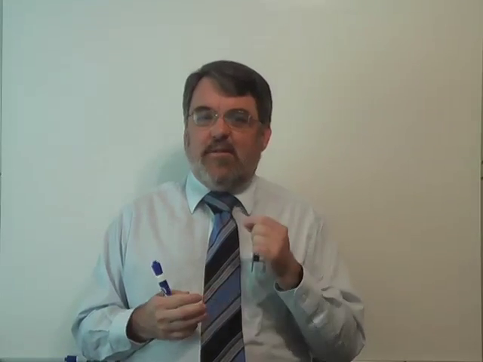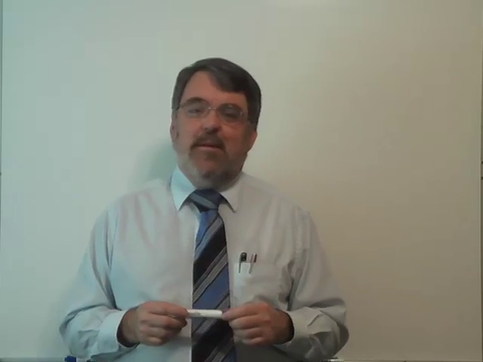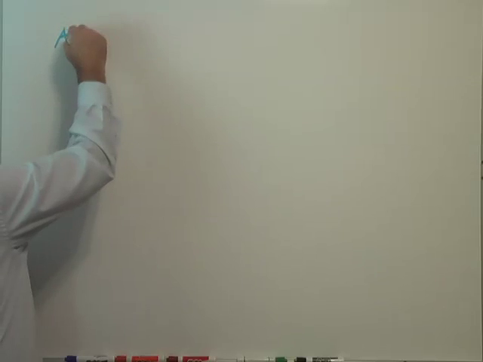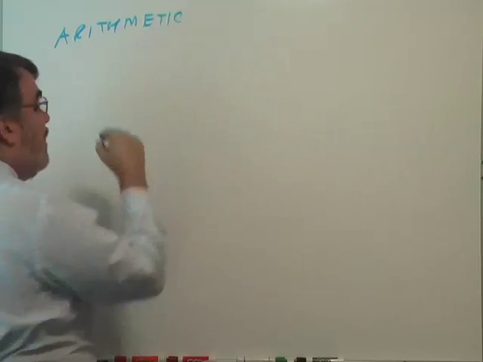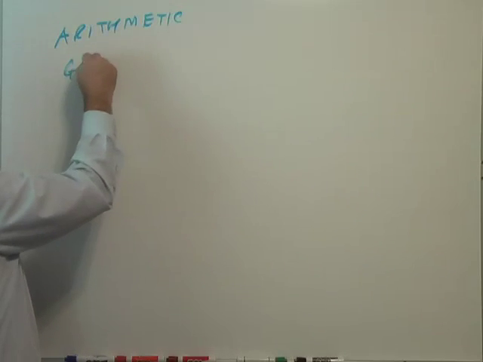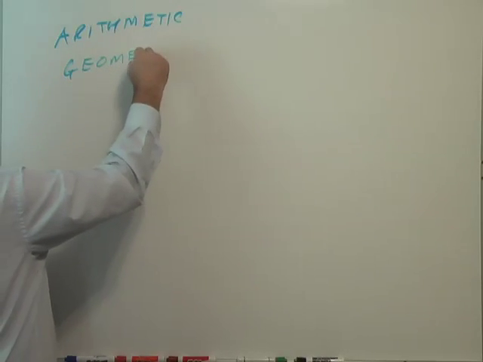So I want to give you a deeper perspective of what's going on with graphing, because it looks so sterile when you see it in a textbook. And there's really a lot to this. So anyway, a little quick history here. Arithmetic and geometry are the two branches of mathematics that go back to ancient times.